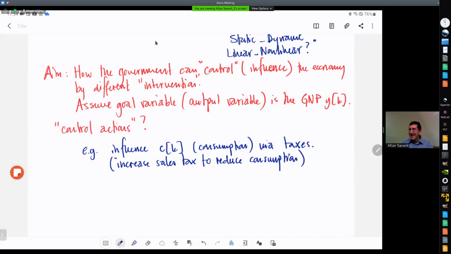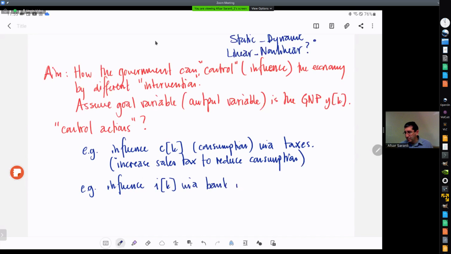If you have more taxes, you are less inclined to spend your money because you are upset that a lot of money is going to the government instead of on what you are buying. Another example, the government can influence the investments I of k via bank interest rates.